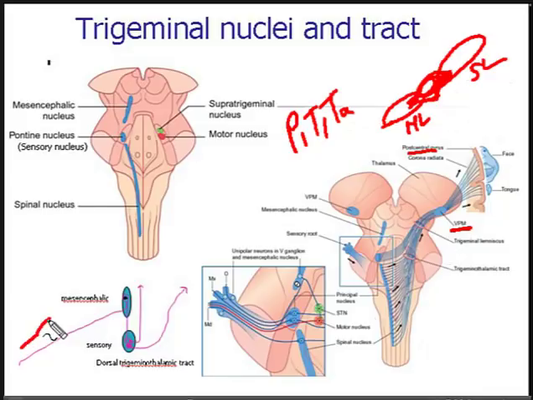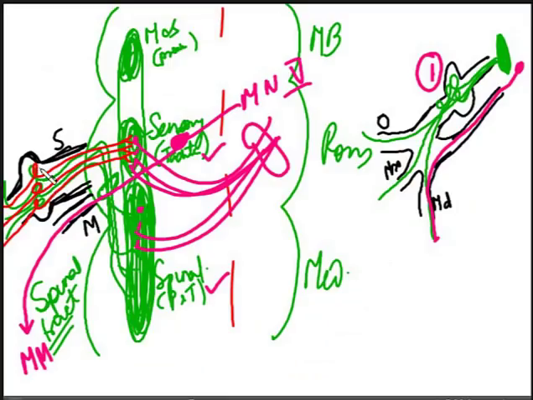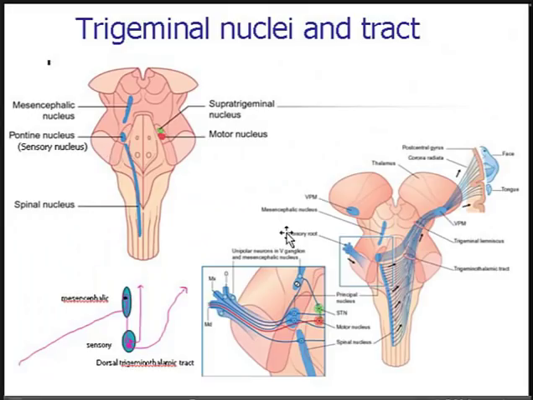The first order neurons enter through the sensory root of the trigeminal, but if you remember, for pain and temperature and tactile information, they have their cell bodies in the trigeminal ganglion. But for proprioception, they don't have their cell bodies within the trigeminal ganglion. Instead, they travel all the way in, and actually they have their cell bodies in the mesencephalic nucleus. And that's what I'm trying to show you here.